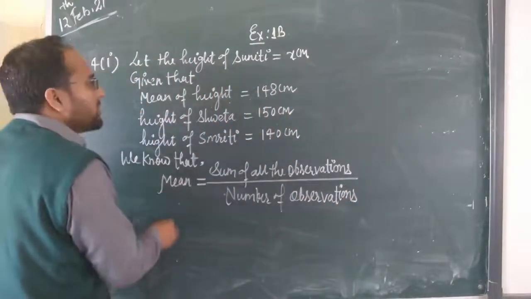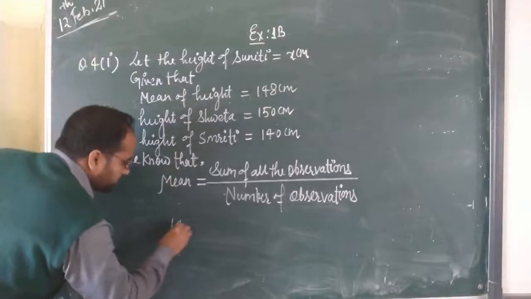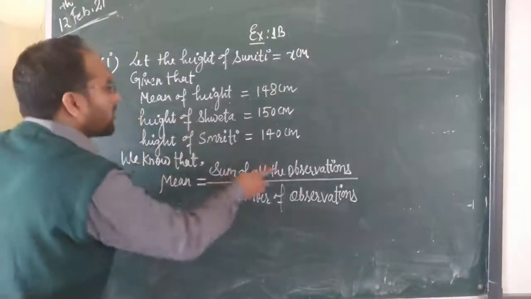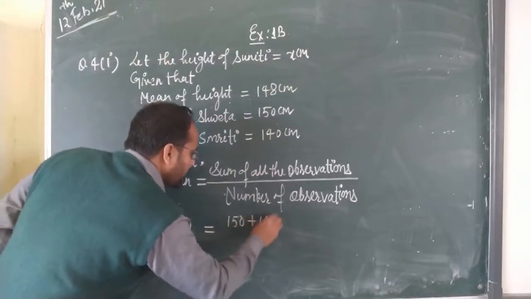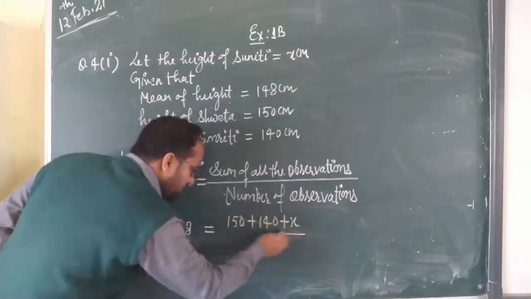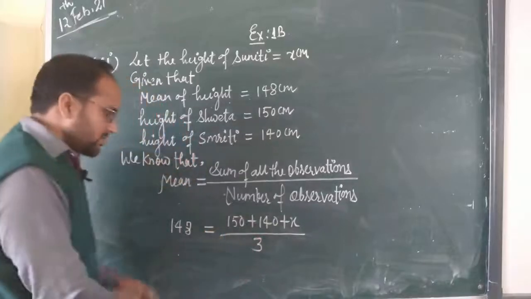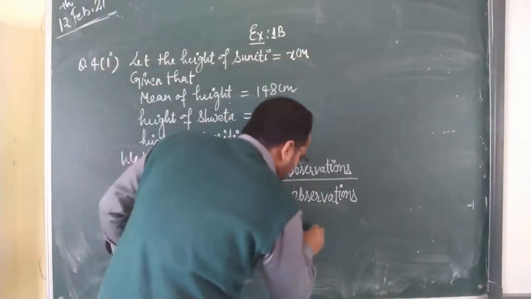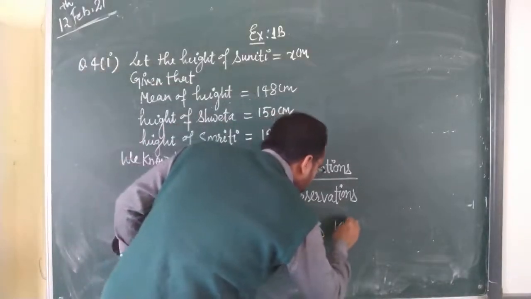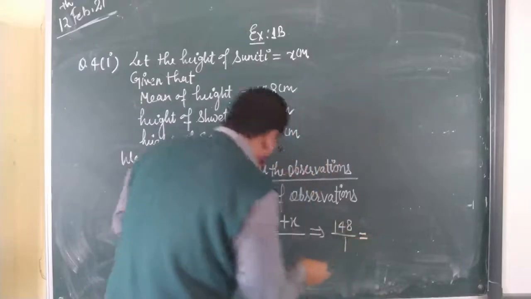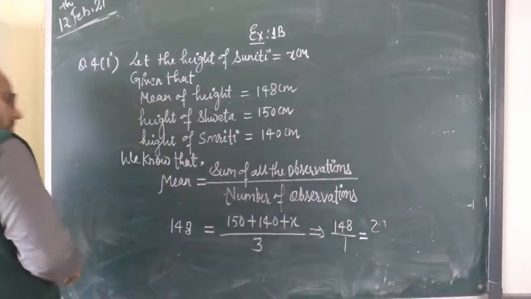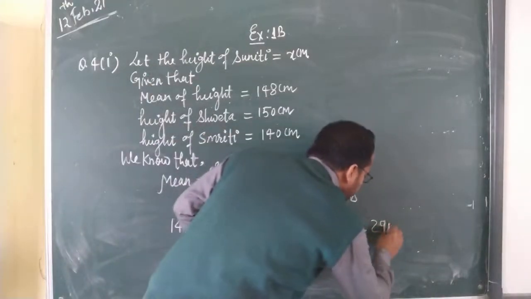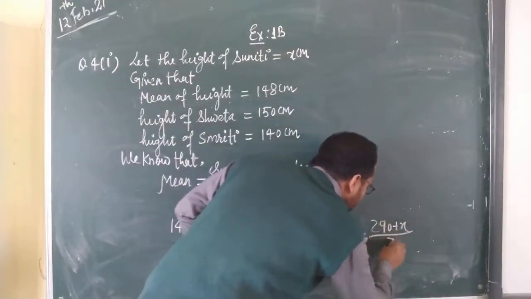The mean is given as 148, and the sum of all the observations is 150 plus 140 plus x, and there are 3, so divide by 3, students. After that, 148 upon 1 is equal to, adding these, 290 plus x upon 3.